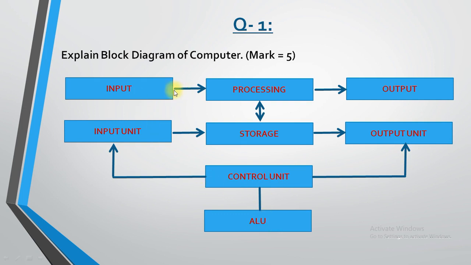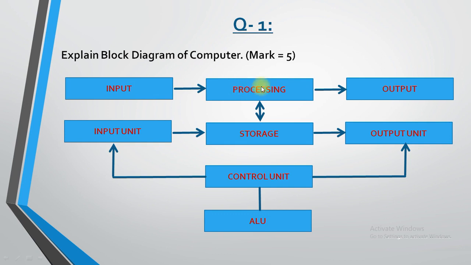Now see, these different kinds of arrows we have used over here. What do they mean over here? Only one way is there. That means whatever data you have stored inside the input unit is transferred from the input unit to the processing unit.